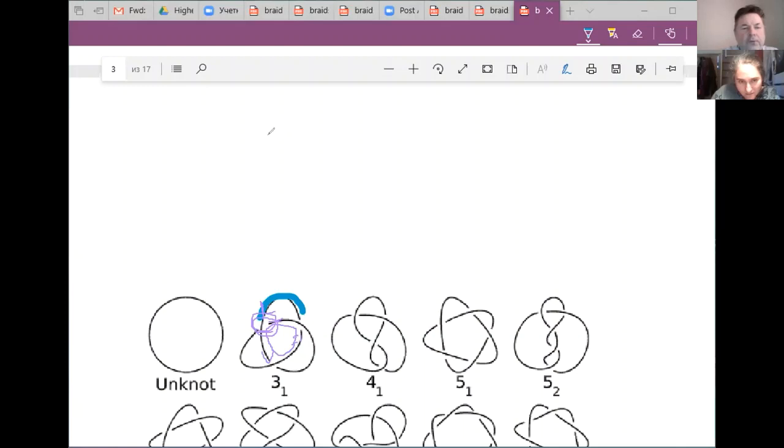So, I'll try to make a picture. You'll make the following bend in the crossing, so that if you have something like this, you have something like this, and this will now be the bend.